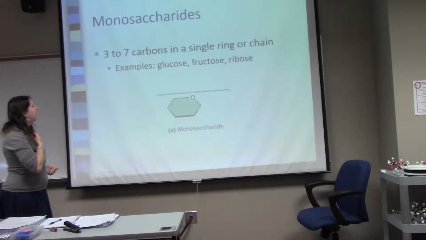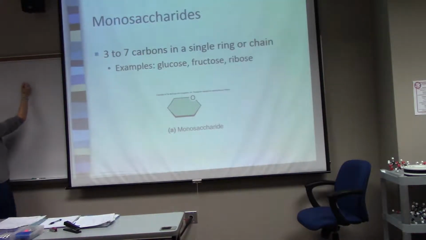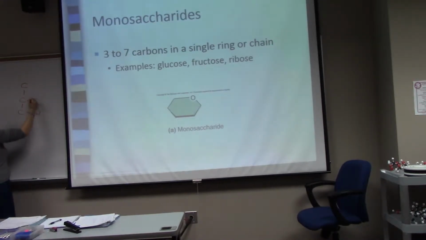A monosaccharide has between 3 and 7 carbons. So your smallest monosaccharide has 3 carbons, an oxygen attached to each, and then anywhere else you need another bond, there's a hydrogen.